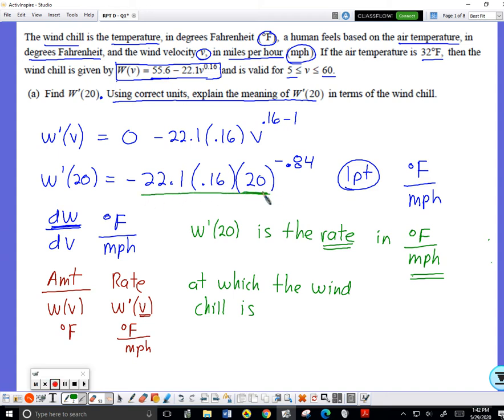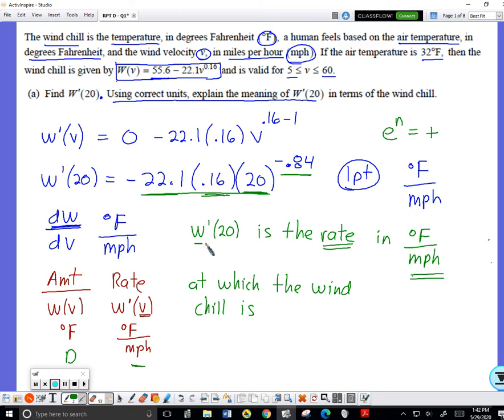Any positive number to any exponent is always positive. That's why we were saying in class all the time that e to any exponent is always positive. This would be positive, but then we multiply by the negative. So because the rate is negative, the wind chill is decreasing. So we need to use that word.